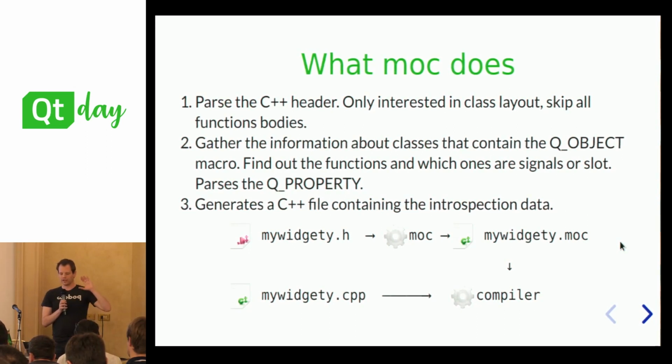So it will just get the class layout, and from that, it will generate this reflection information in a separate file, this moc file, which is, again, a C++ file, which is going to be compiled with your code. So we are going to read your code, and we're going to generate more code, and then the compiler will take your code and the additional code together and create your program.